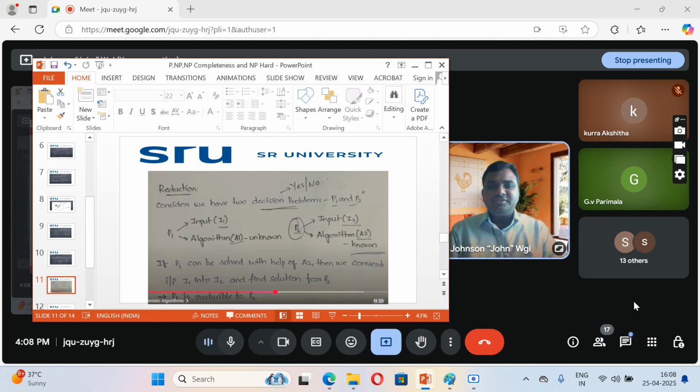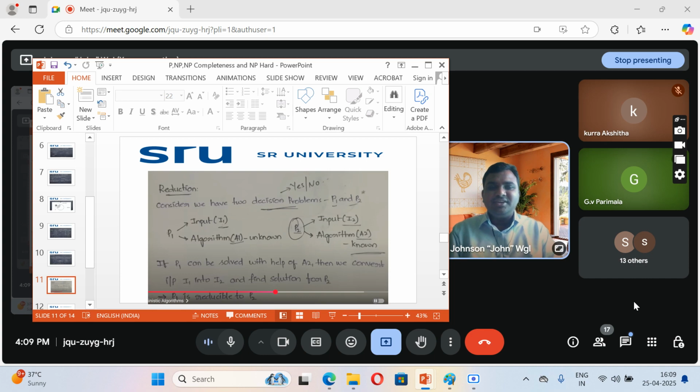P2 has a known algorithm, P1 has an unknown algorithm. Then using some function, the I1 input is transformed to I2. Then I2 is entered into A2, and we get the solution. You just change the input.